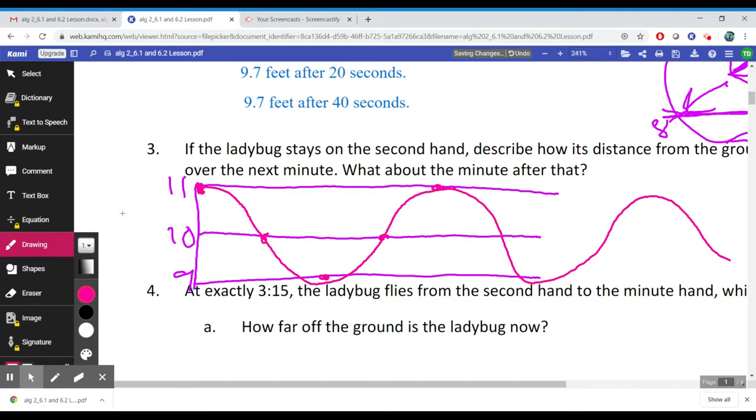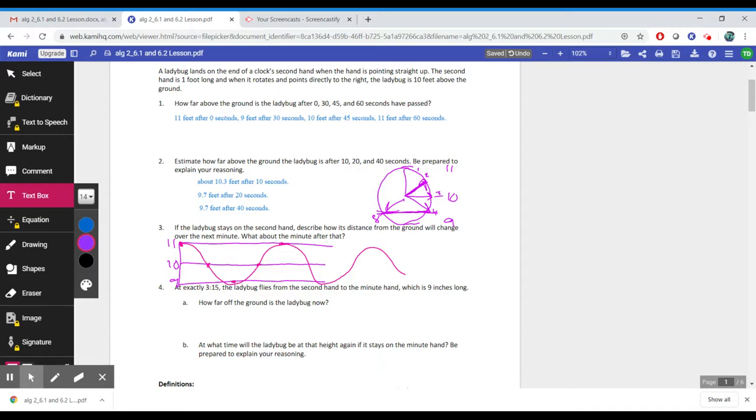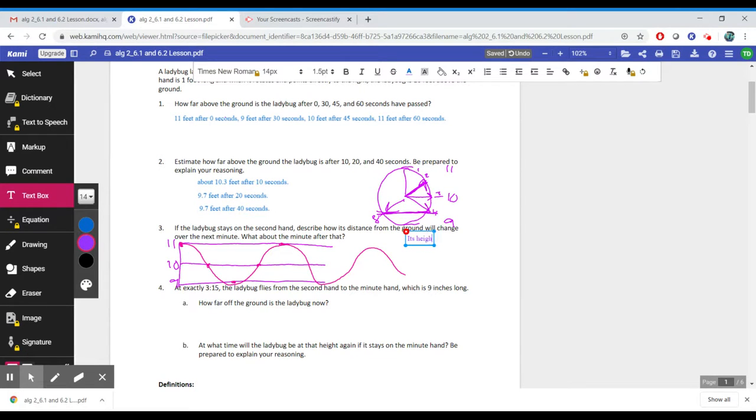So if I wanted to describe this in words, I could say something along the lines of, its height repeats itself every minute.